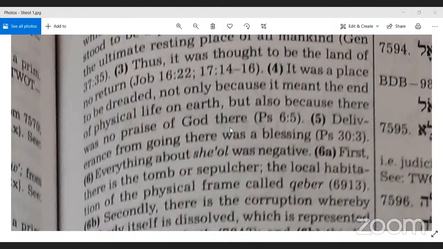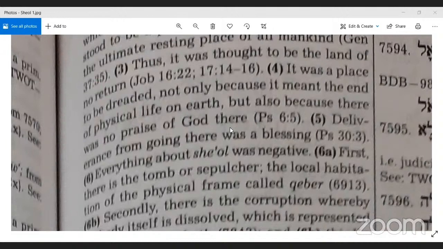There was no praise of the Most High there. Also four. It was a place to be dreaded. So why would they dread it? One is because it meant the end of physical life on earth. And then two, there was no praise of the Most High there. So in other words, we dreaded death.